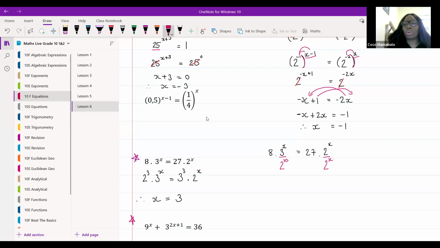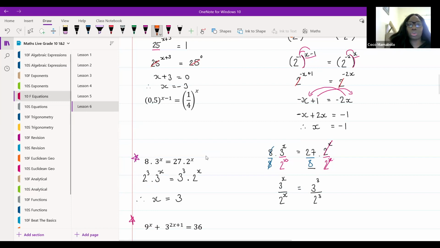Those two will cancel. Then I can also divide both sides by 8 because I don't want anything with a number on this side. So those two will cancel. What I end up with is 3 to the power of x over 2 to the power of x, and this is equal to, as Mandisa just told us, 27 can be written as 3 cubed over 8, which can also be written as 2 cubed.